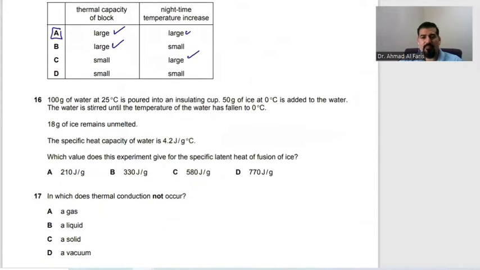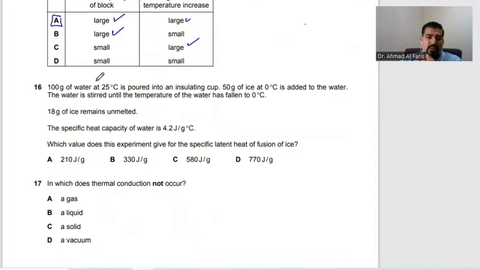Number 16. 100 grams of water at 25 degrees Celsius is poured into an insulated cup. 50 grams of ice at 0 degrees Celsius is added to the water. We mix them together until the temperature of the water has fallen to 0 degrees Celsius. 18 grams of ice remains unmelted.